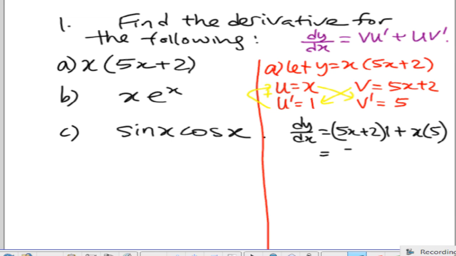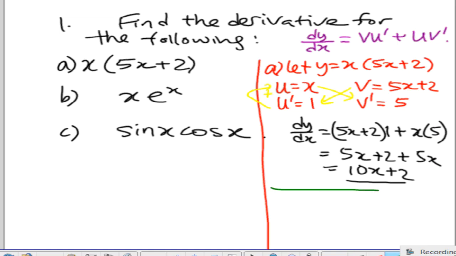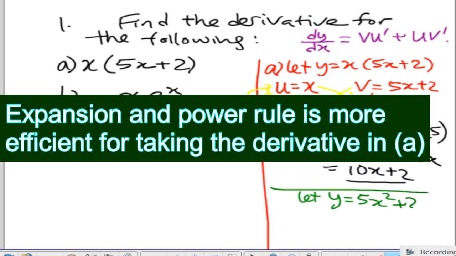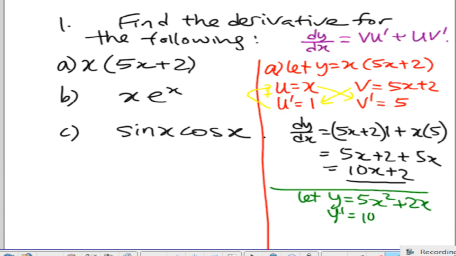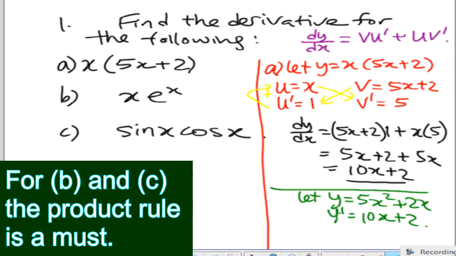So the answer here is 5x plus 2 plus 5x, which is 10x plus 2. Now we can check whether this answer is correct by using the method that we've learned before: y in this case can be 5x squared plus 2x. So dy dx using the power rule is 10x plus 2. So you can see we get the same answer.